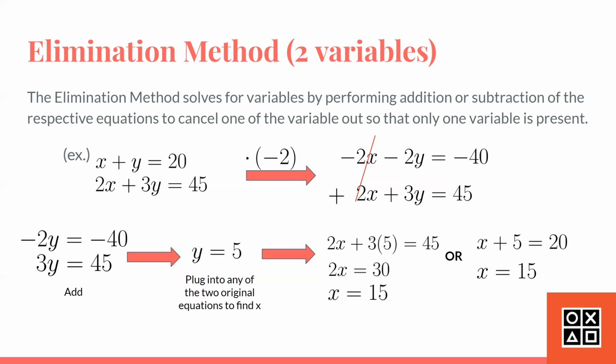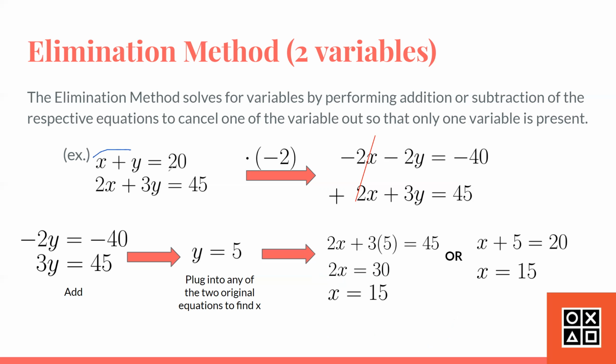So 2x plus 3 times 5, remember we know what y is, so we can substitute 5 for y. 3 times 5 is 15. So it would be 2x plus 15 equals 45. Then subtract 15 from both sides to get 2x equals 30, and then divide by 2 to get x equals 15.